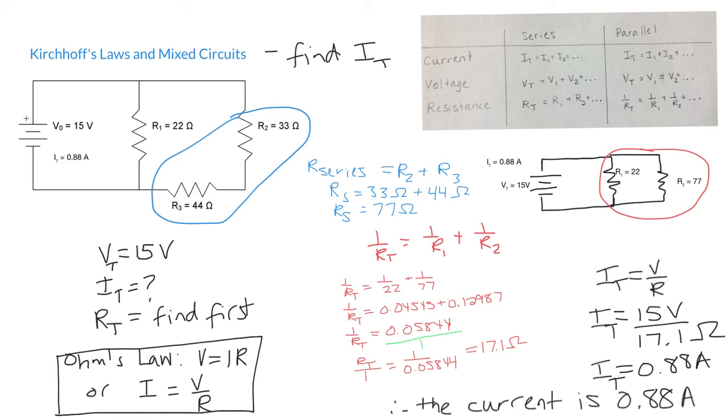Now we'll start with this simplified circuit here and find the current in each of these two paths or two loops of that circuit. I'm just going to get rid of some of my work down here so I have some space.